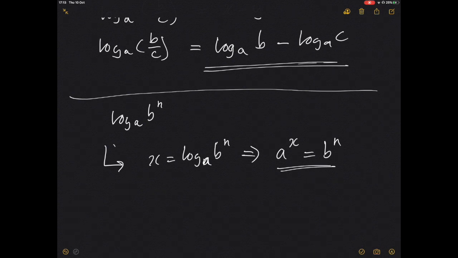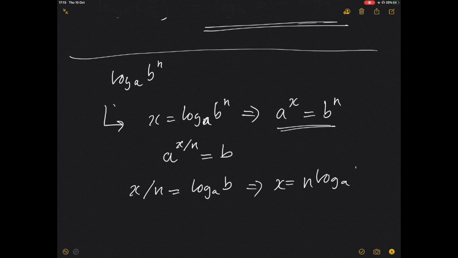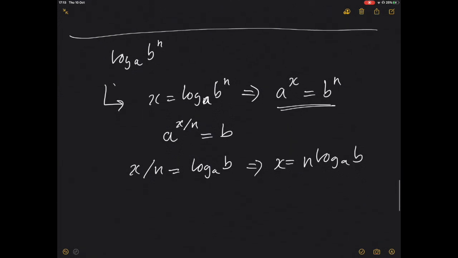Therefore, a^(x/n) equals b. So x divided by n equals log_a b, which goes to x equals n log_a b. Therefore, log_a(b^n) equals n log_a b.